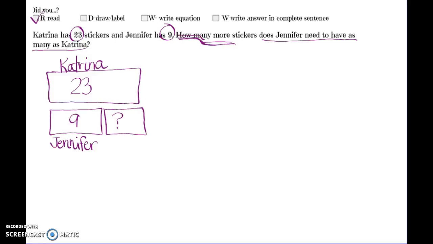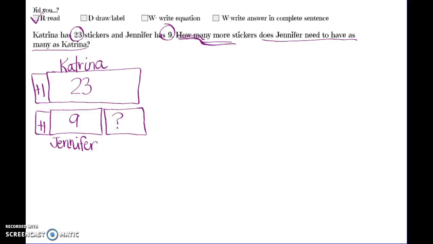In lesson 21, we've been working with adding to a number to make an easy 10. When I look at my problem, I know that if I add 1 to 9, that gives me 10. If I add 1 to 9, I have to also add 1 to 23.